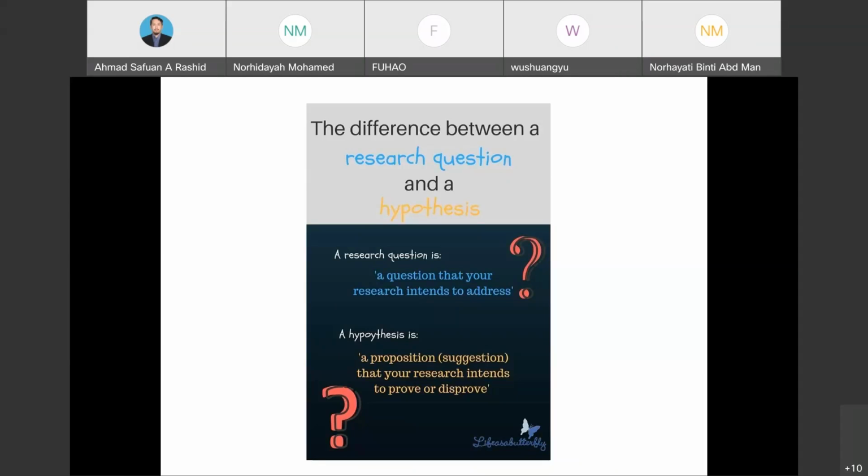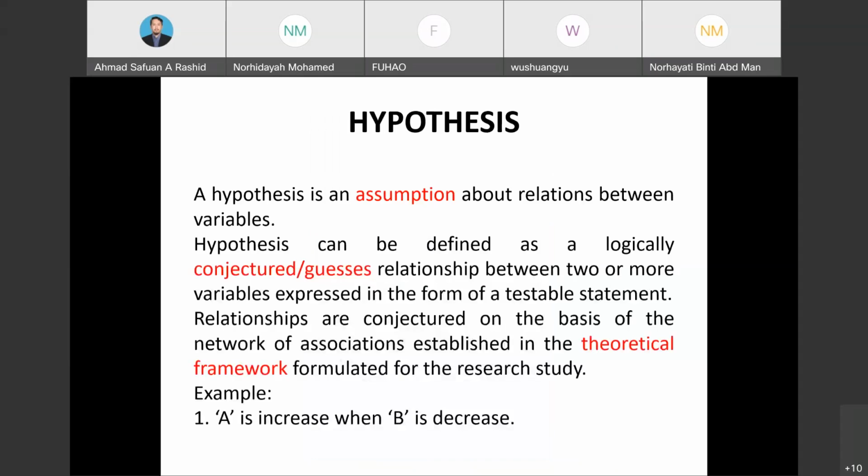And the hypothesis actually is a guess that you put, based on the fundamental knowledge or theory. Then you test whether it agrees or does not agree with your finding. So the detailed explanation: a hypothesis is an assumption about the relation between variables.